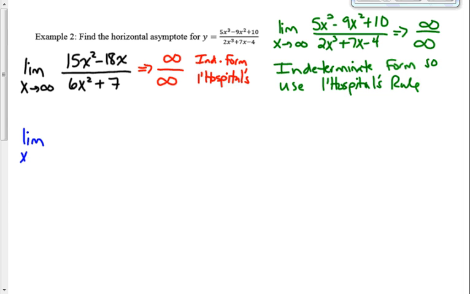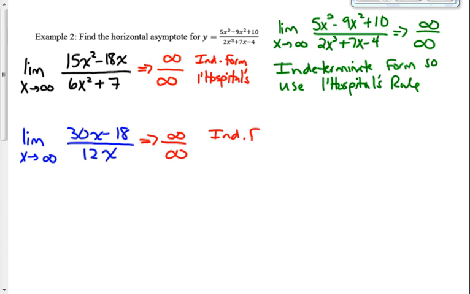Now I have the limit as x approaches infinity of 30x minus 18 over 12x. So I evaluate again, plug in my infinity, and I get infinity on the top, I get infinity on the bottom. I have another indeterminate form, which means L'Hôpital's again.